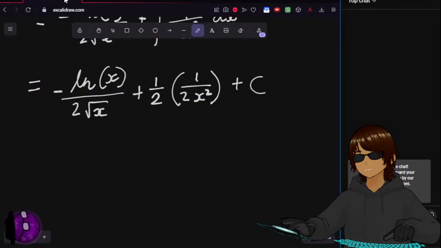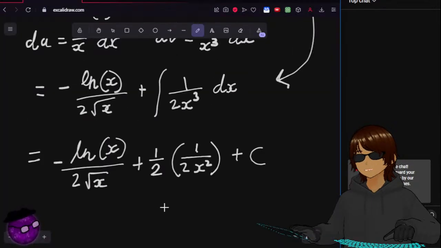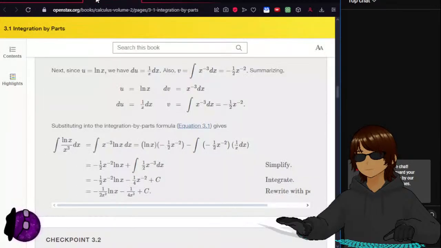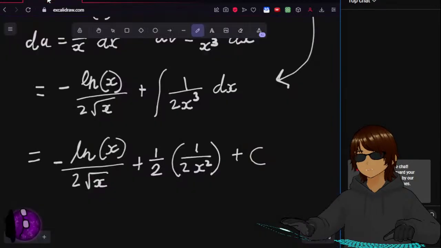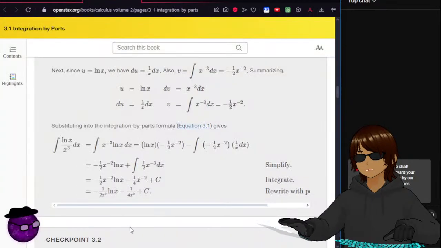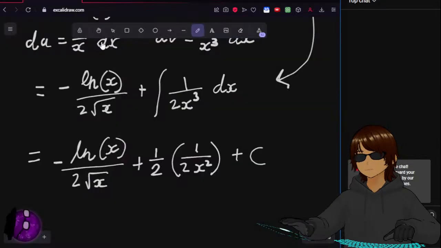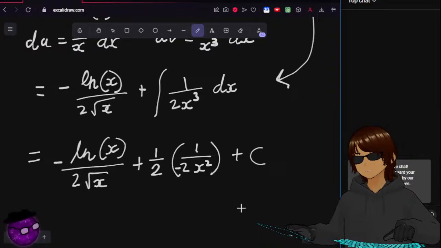Minus 4x squared. How did they get the minus? Okay, this I got it. This I did not get. Maybe this is minus 2. I guess that would make sense.